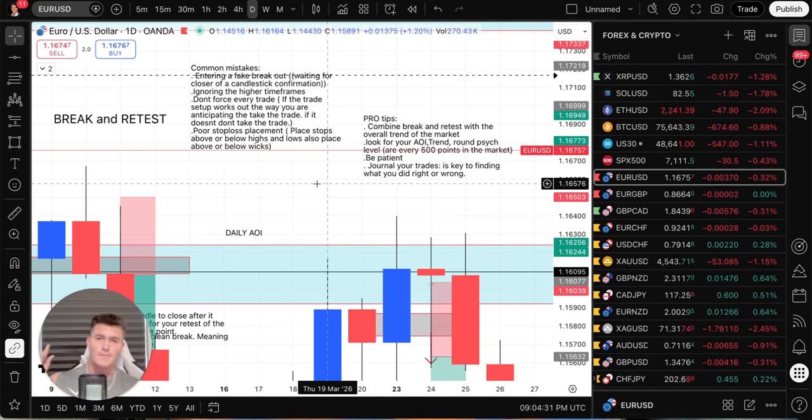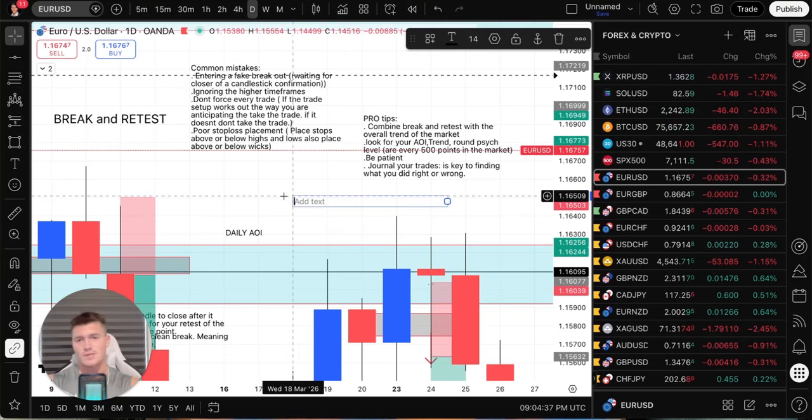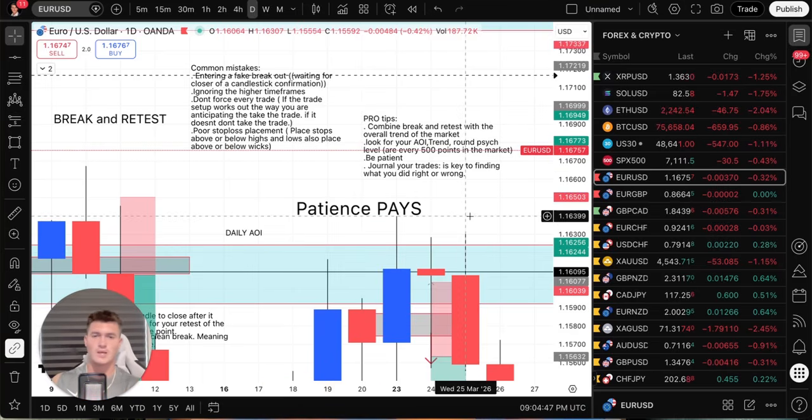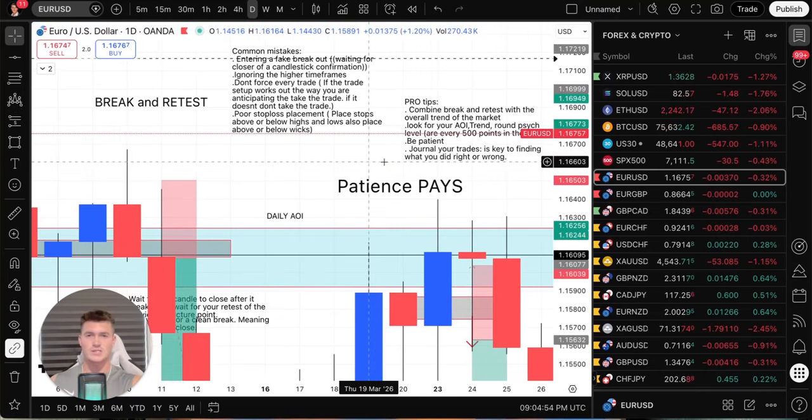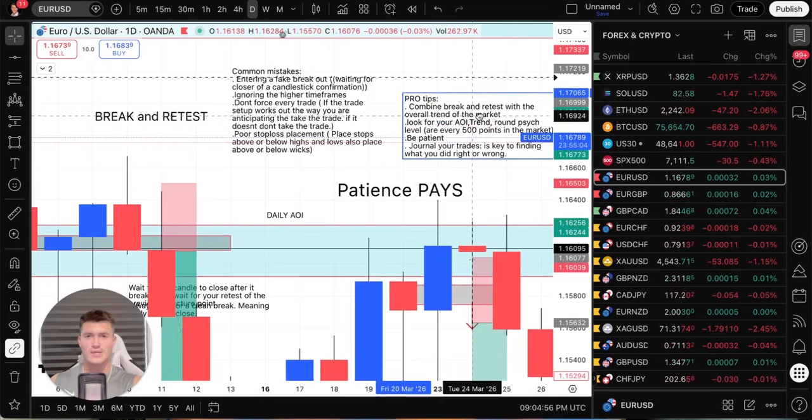You guys also need to learn to be patient. Patience pays. I'm going to make that big and bold. Patience pays. Literally, patience pays. Wait for your confirmations, wait for your confluences, then enter your trade.